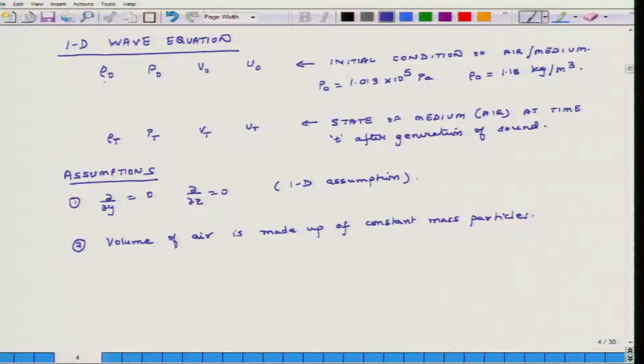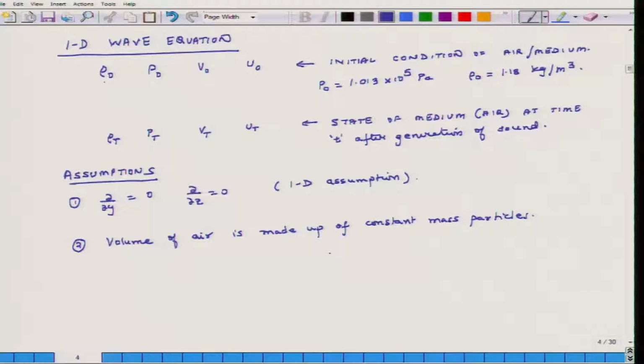So, the overall air is composed of small particles of air, and each particle, as it moves in the overall space, its mass does not change. What does that mean? It means that there is no flow separation happening in the room or in the medium. This is an important assumption.